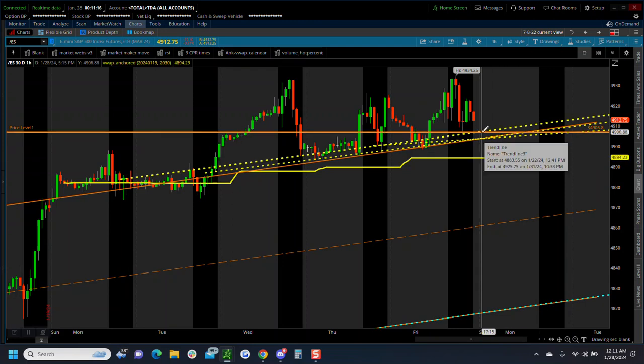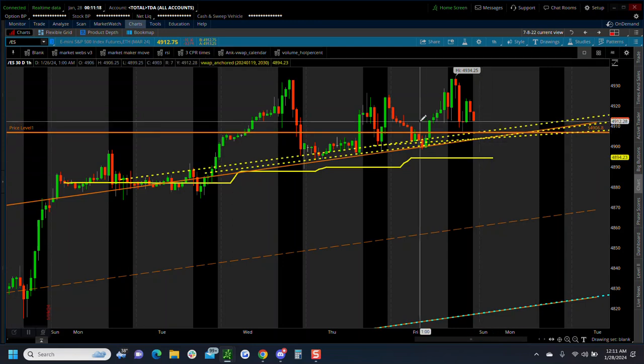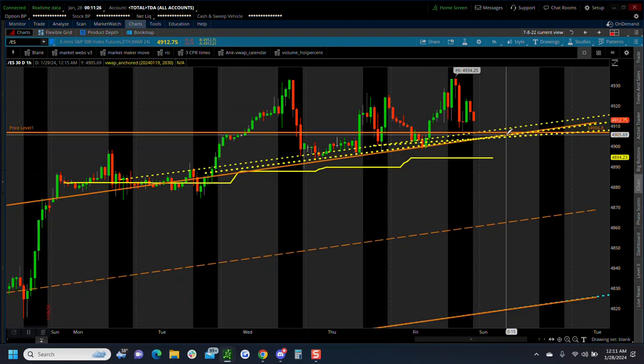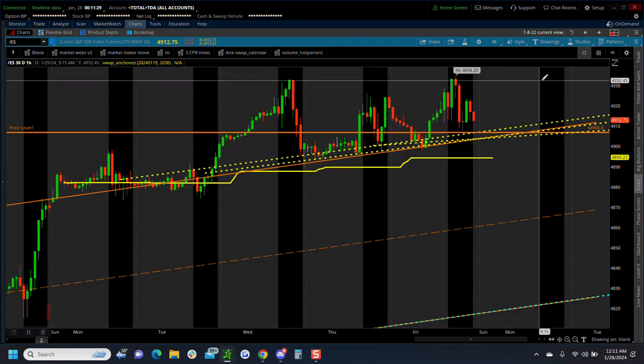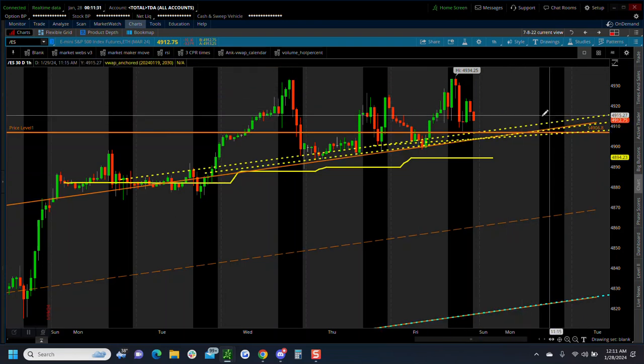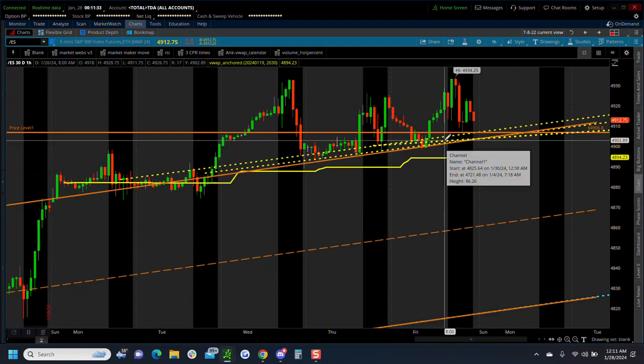So basically, if I'm trading something heavily weighted on the Dow, S&Ps, and we're trading above the primary trend, I want to lean toward bullish trade setups in the broader market.